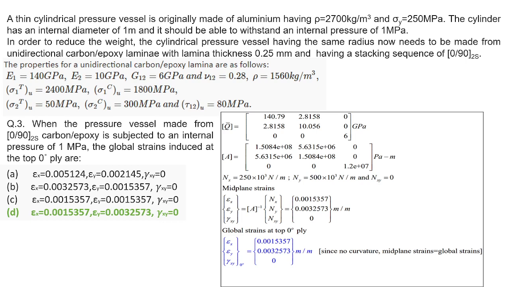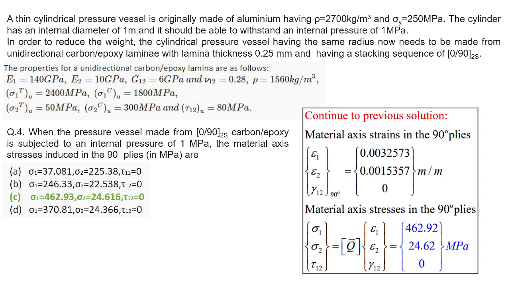Now we need to find the strain of the 90-degree ply, which you can do by using the transformation matrix. You can find the material axis strains in the 90-degree ply from the global axis. After that, using the stiffness matrix of the 90-degree ply, you can convert the strain to stress, and from that equation you can find the value of the material axis stresses in the 90-degree plies.